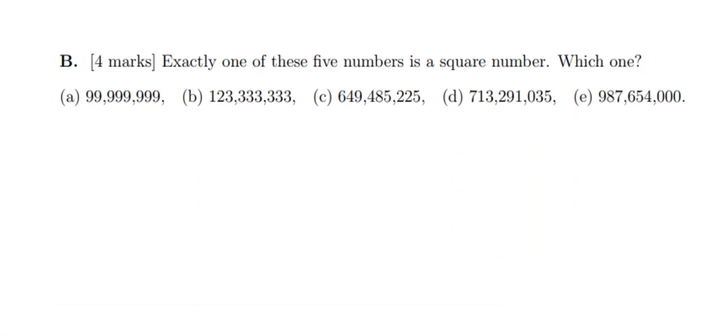Exactly one of these five numbers is a square number. Which one? I will tell you in just a second. First of all, we need to check the first number. This is less than a square, why? This is 10000000, which is not a square.